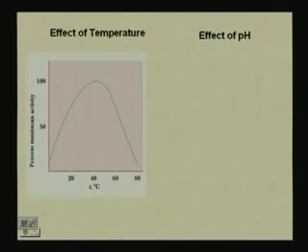And you realize that at low temperatures the enzyme is not going to function. At high temperatures also the enzyme is not going to function, because it has to have an optimum activity. Especially, of course, considering the reactions that take place in our body, it is going to be an optimum of 37 degrees centigrade, right.